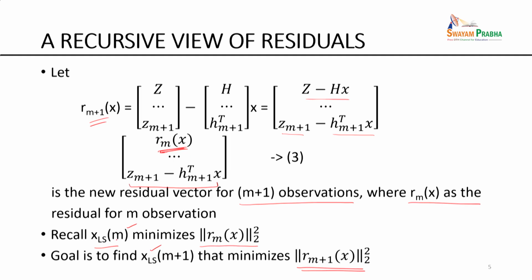So, this minimizes this, we already know. Now, this is the new guy in the block. This new guy in the block is the old guy plus something more. This something more is going to affect my least square solution. So, I would like to be able to compute the increment to the least square solution resulting from what the new observation brings to the table.